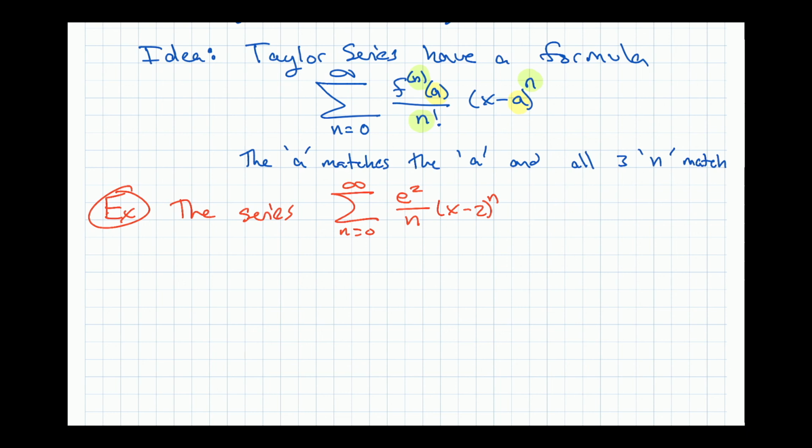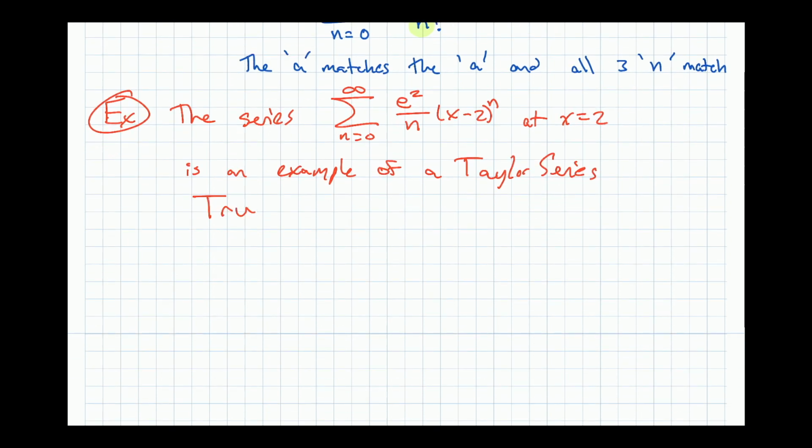For some reason, they say at x equals 2 is an example of a Taylor series, and it's true or false. All right. Now, here's what Newton wants you to do.